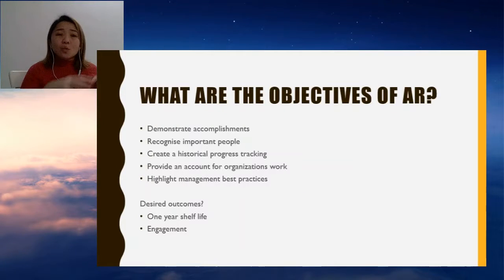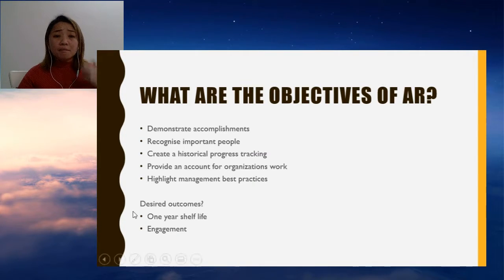Now, what is the objective? Again, objective and purpose are two different things. The immediate purpose refers to something which is very short term. But at the end of the day, year after year, 2015 annual report, 2016, 2017, 2018, 2019, and even 2020, what exactly is the objective of your report?